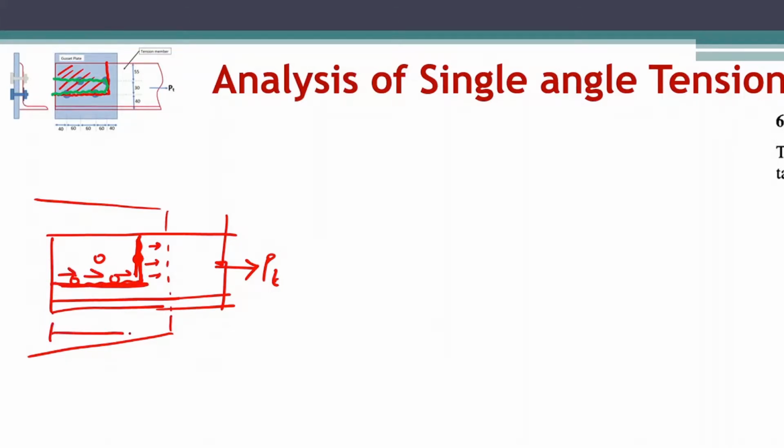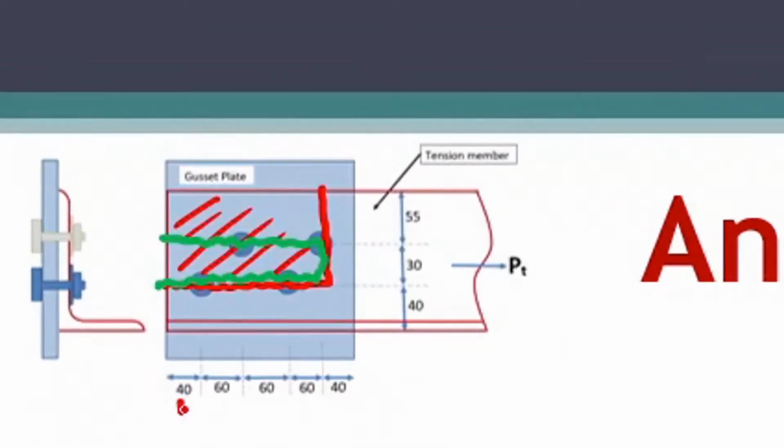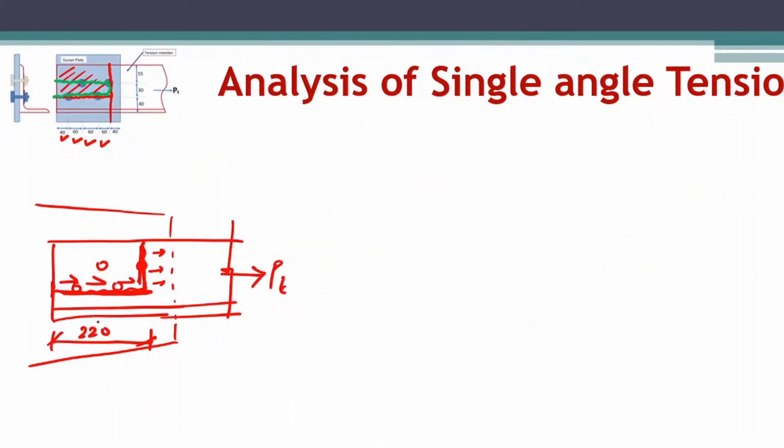The width of the shear plane is from the edge to the center of this bolt. So from the edge, 40 plus 60 plus 60 plus 60 up to this, which is 220 mm. So the gross width of the shear plane is 220 mm.